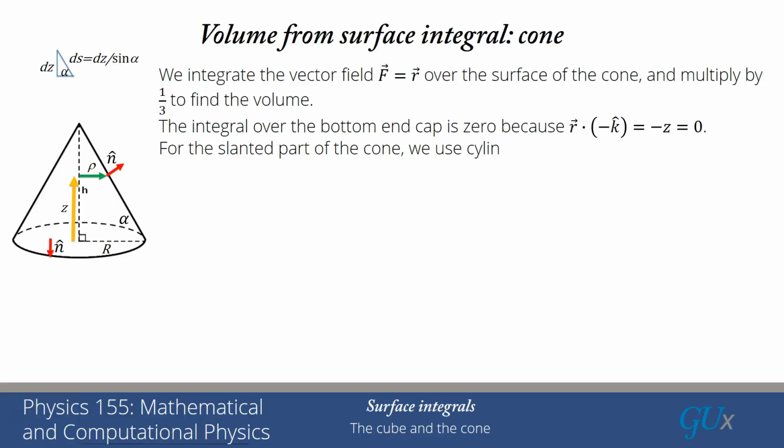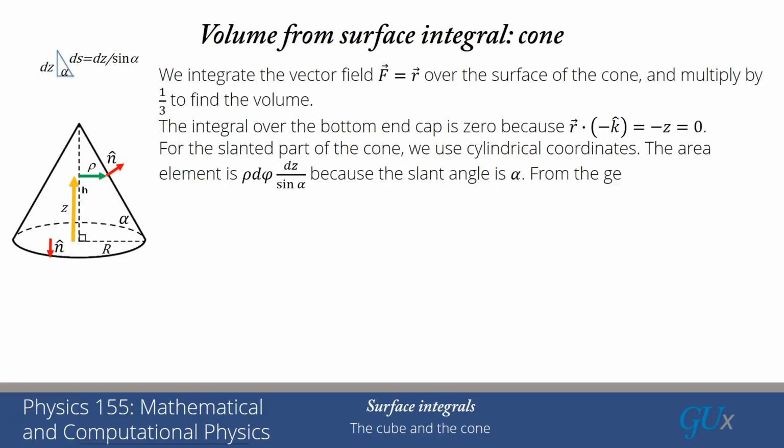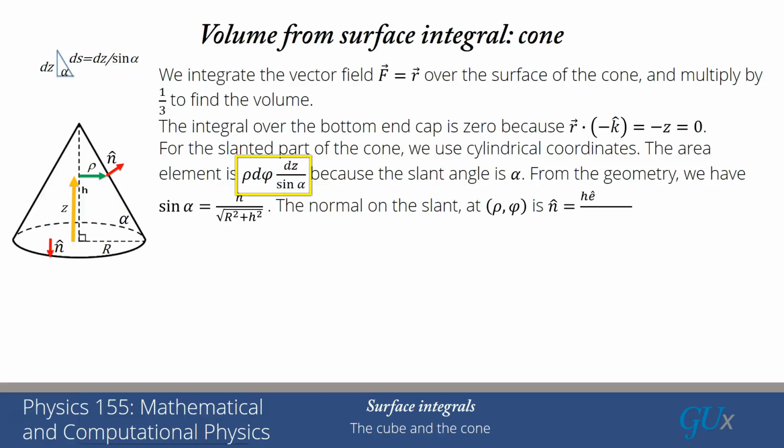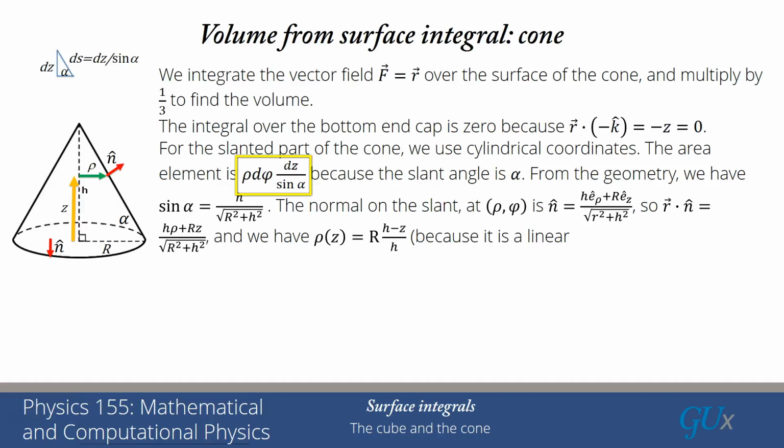So for the slanted part of the cone, we're going to be using cylindrical coordinates, and those are denoted by z, rho, and phi. The area element for the slanted curve is rho d phi. That's the area element that is in the perpendicular direction. I can't illustrate it on the page, but at this point it would be located pointing into the page.